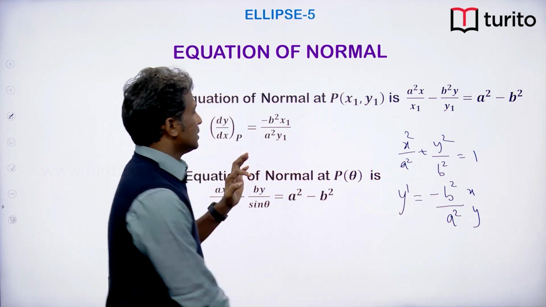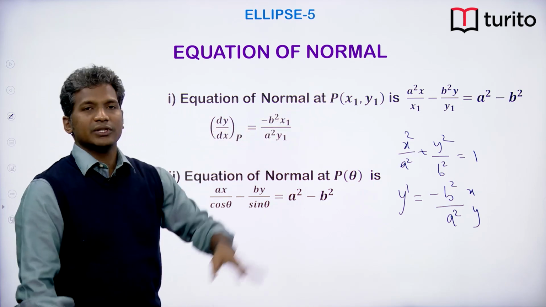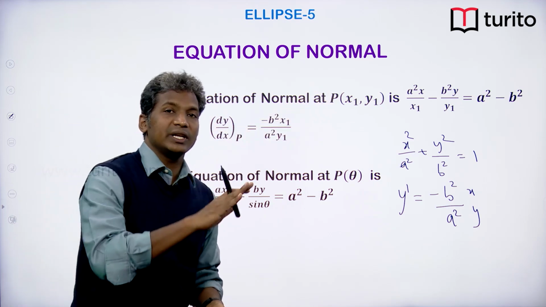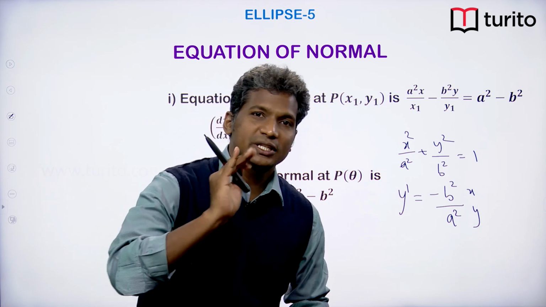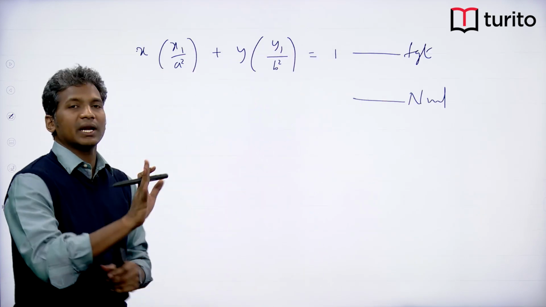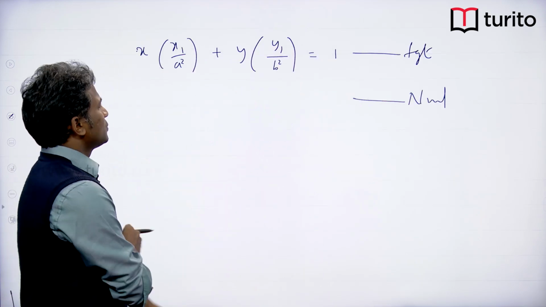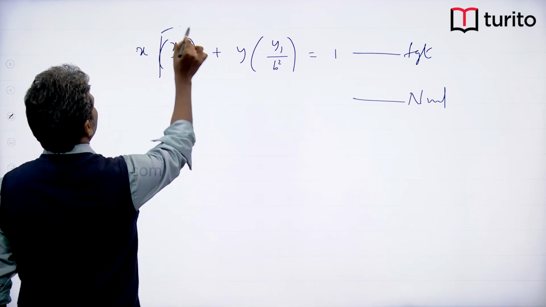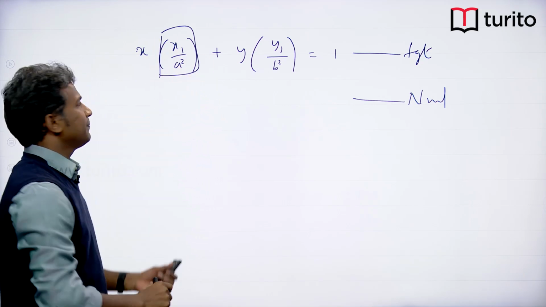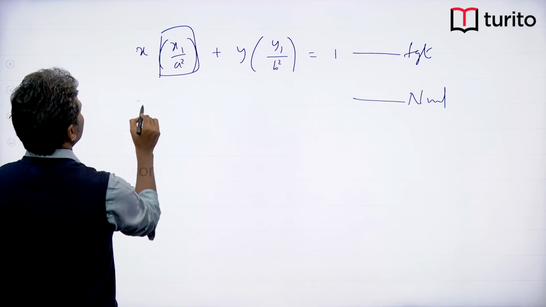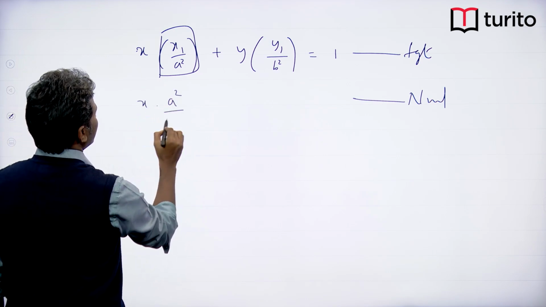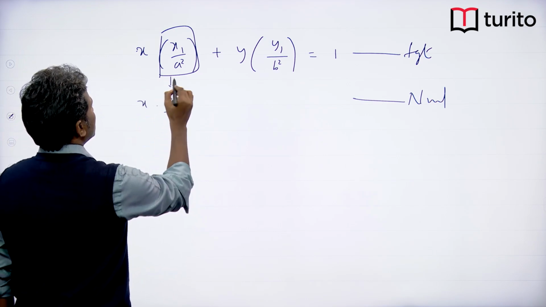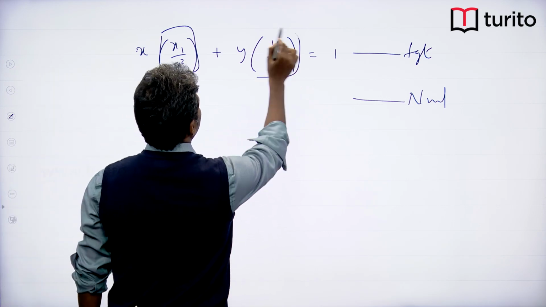Okay. So, using that you can get the equation of normal, but that is a very long pattern. There is one simple pattern. If you remember it, you can crack all normals. What you do is you just flip this number. If I flip this number, it becomes a square by x1. Again, you also flip this number.